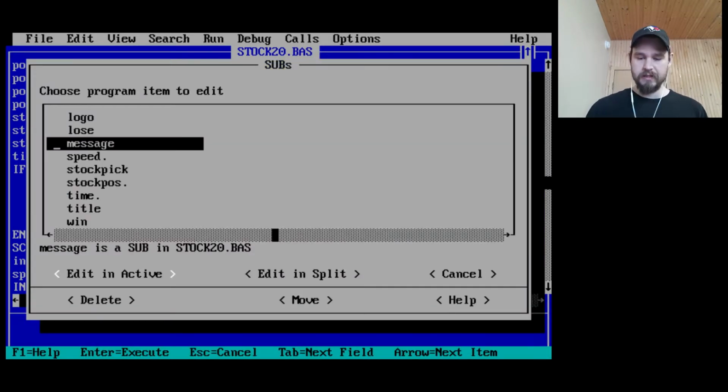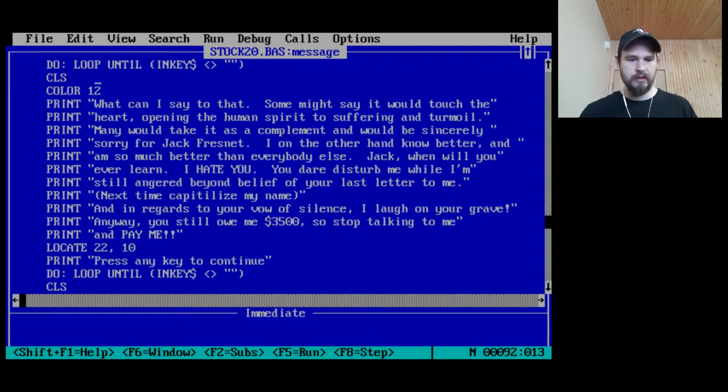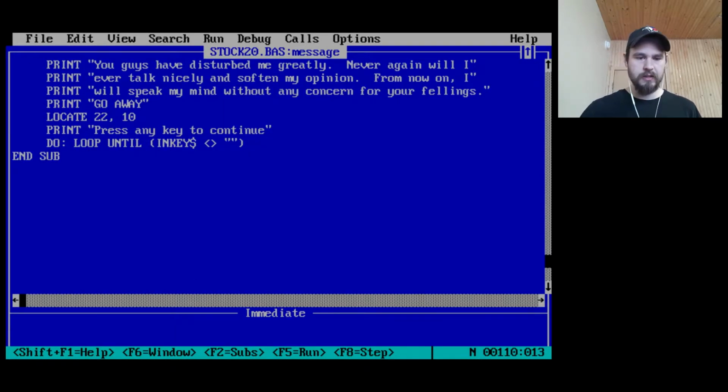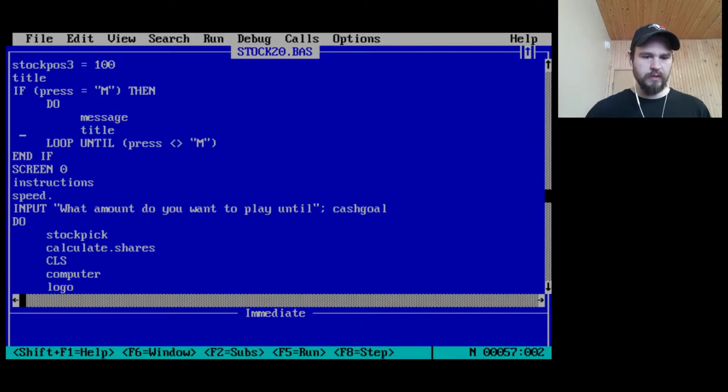Okay, so what's the message? And the message is going to be, again, we're going into screen 0. That's text mode because we were in screen 12. And then we're just going through everything. It's just nothing much going on. Text and key presses. Okay. And then we'll do the title again and wait for a press and keep on going.